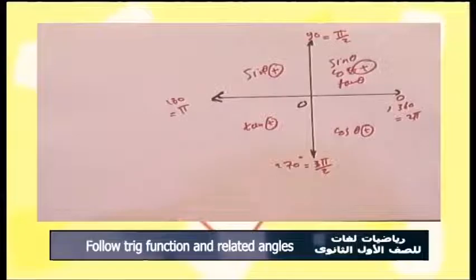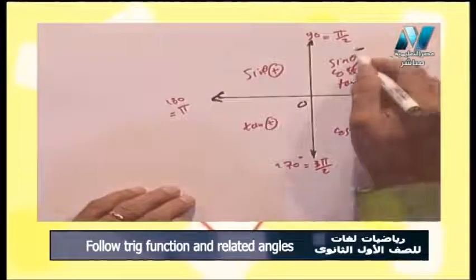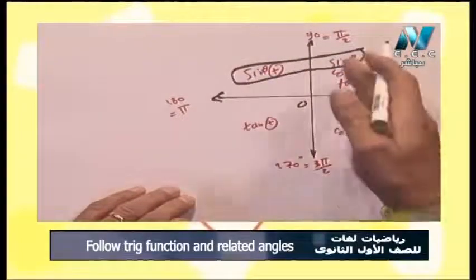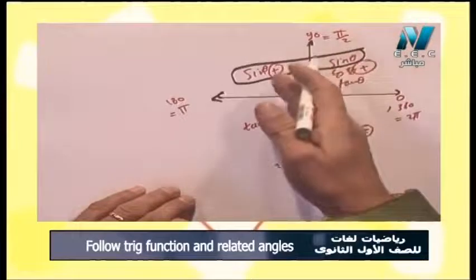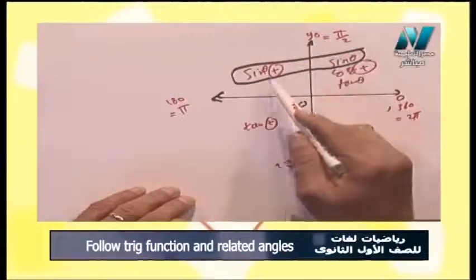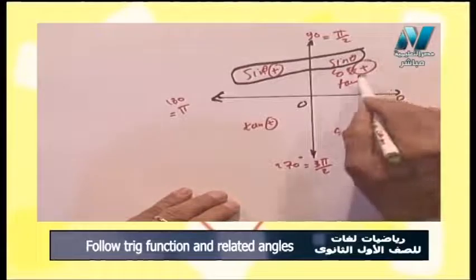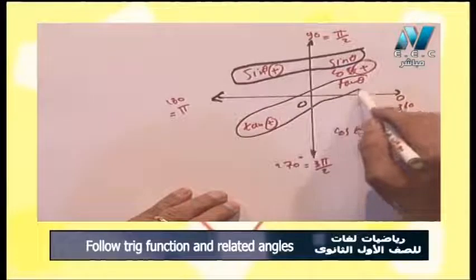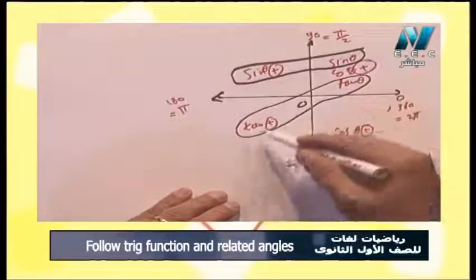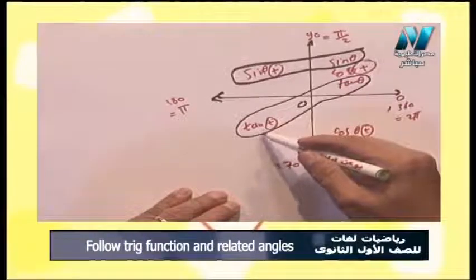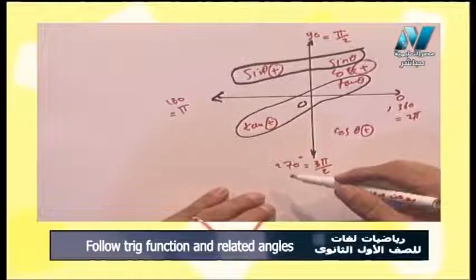So we can draw something for you, that this is the kingdom of sine. Kingdom of sine, the first and second quadrant. So sine here and there are positive. And we can say that this is the kingdom of tan, which is diagonally here. Tan here is positive, and also in the third quadrant, tan is positive also.